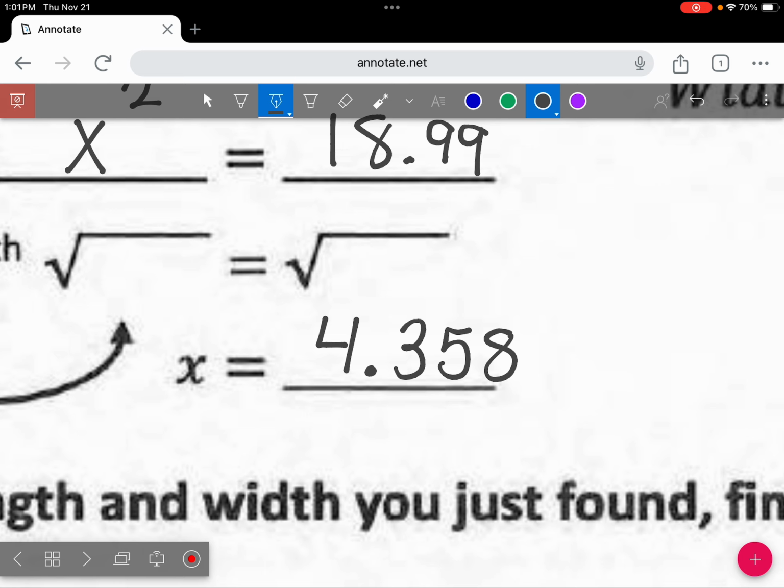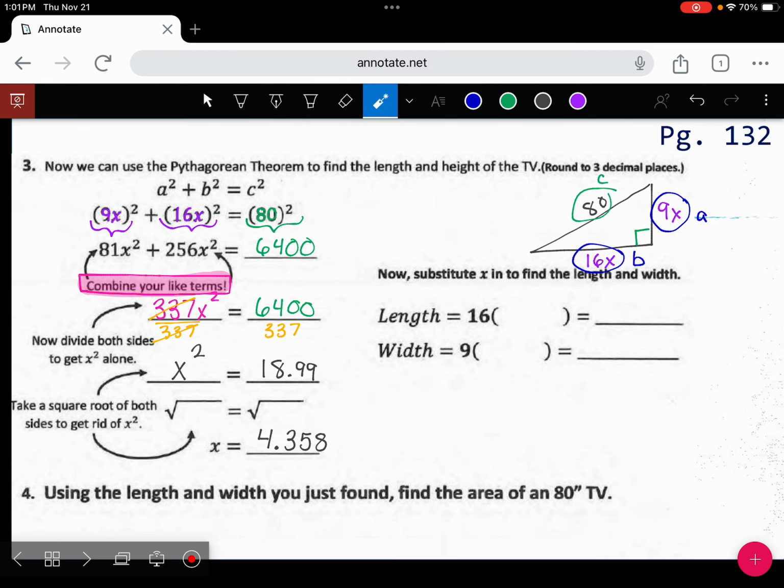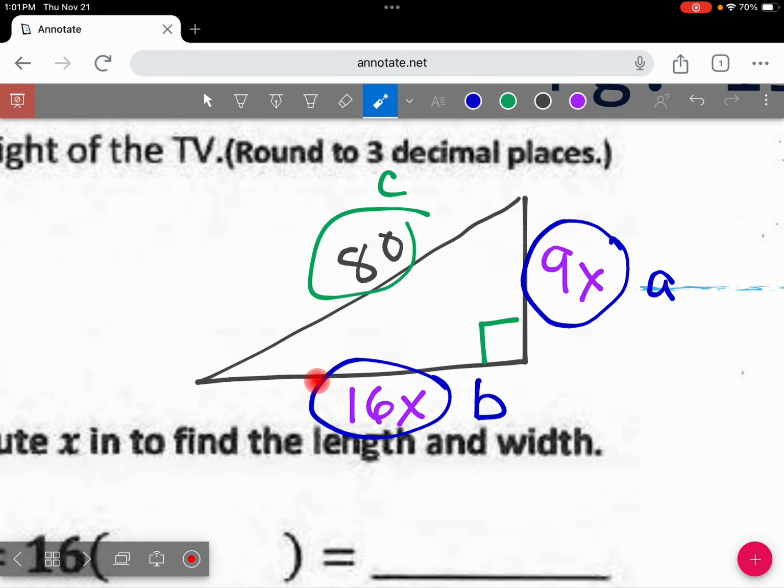So remember, that's not the width of my TV. Because remember, the width of my TV is 16 times something, and the height of my TV was 9 times something.